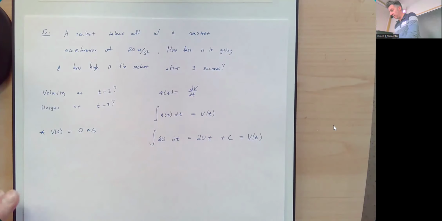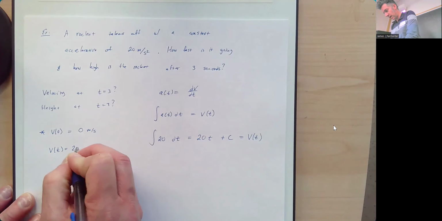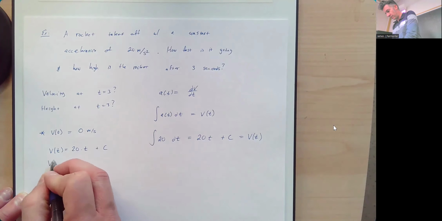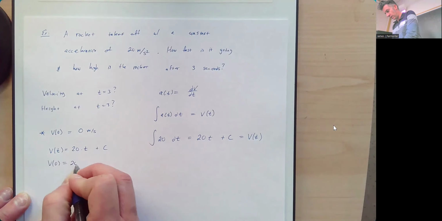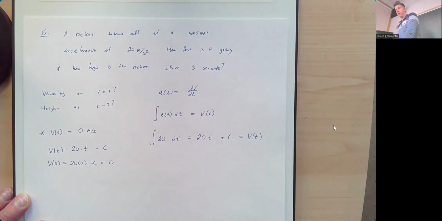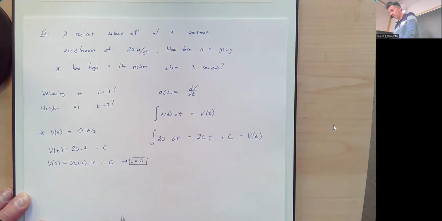So since v of t is equal to 20 times t plus c, if I plug in 0 for t, you get 20 times 0 plus c, and that's equal to 0. Well, that means c has to be 0. So really, our velocity at time t is just 20t.